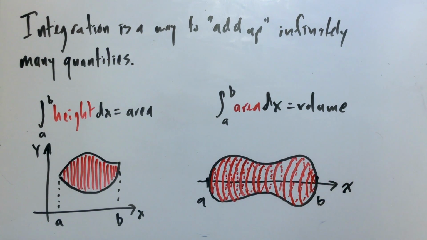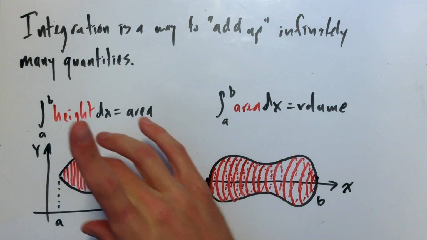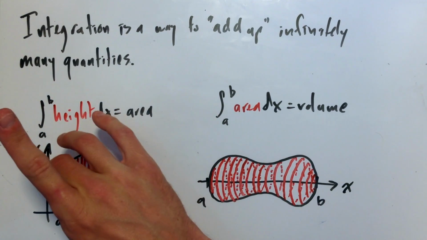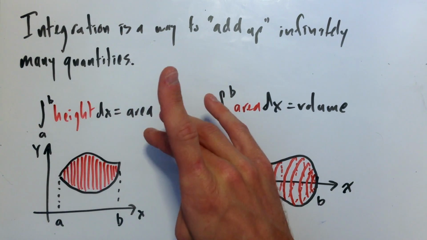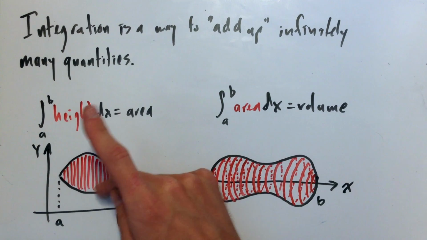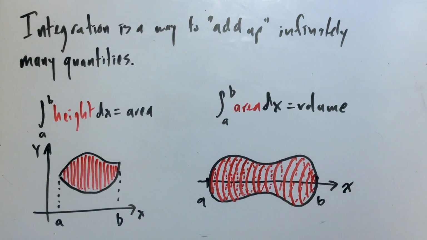So for example, we just got done finding the area between two curves. And the way we did this is we integrated, from the leftmost point to the rightmost point of the region, the height of vertical slices of this region.